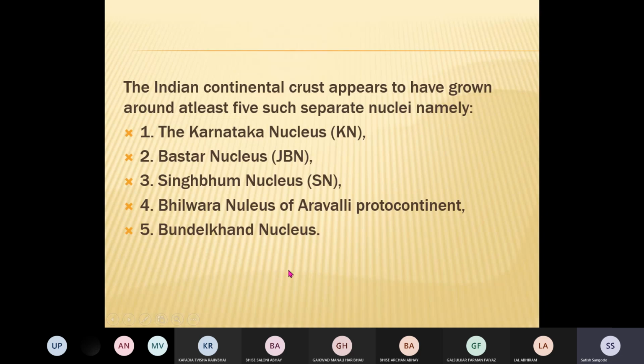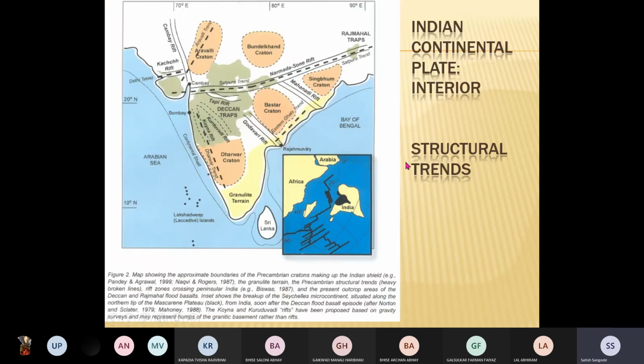Considering their mineralogy, considering their association with other rocks, they are the oldest rocks. So the plate interior is developed by this crustal mass around these nuclei. One is the Dharwar Craton, another the Bastar Craton.